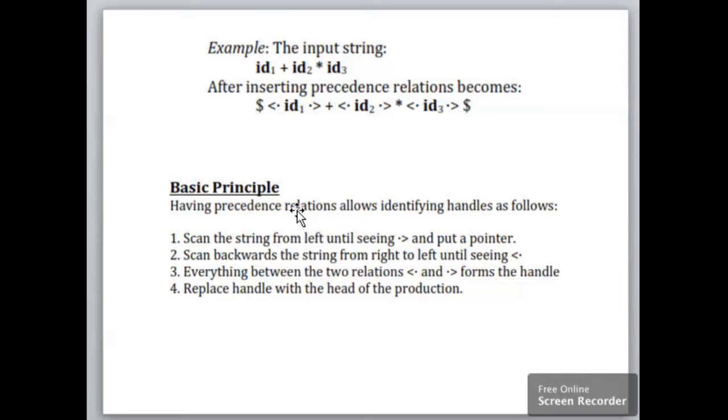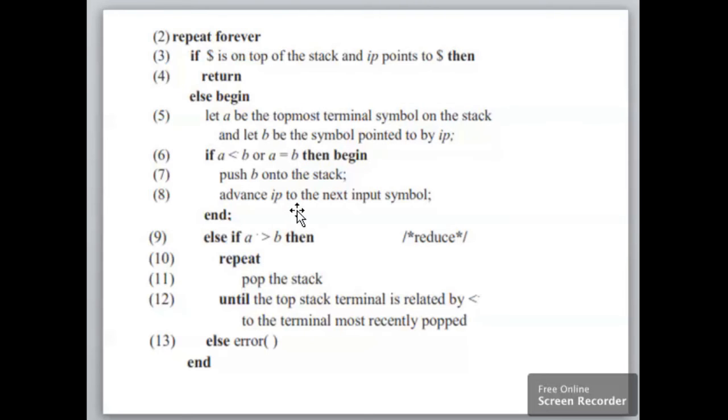Now if I am going to represent it with an algorithm: repeat forever. If dollar is on the top of the stack and the input also points to dollar, then return, which means we have got the input to be passed. Else begin: let A be the topmost terminal symbol on the stack and B be the symbol pointed to by the input IP.